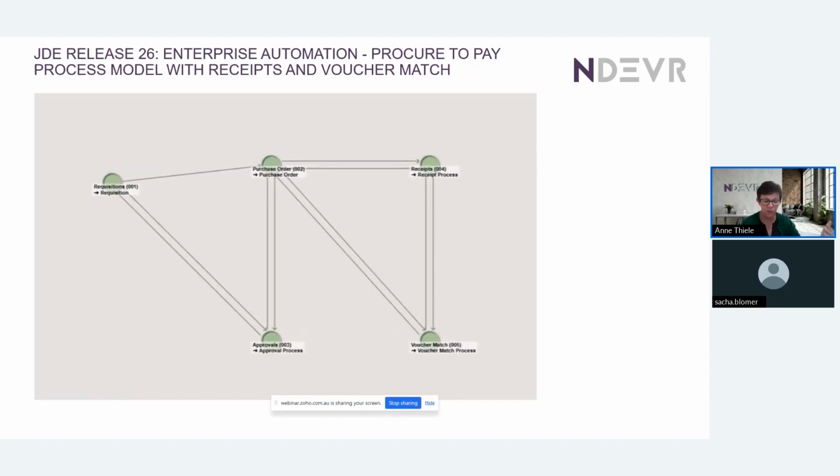Well, now Oracle have added approvals to that, so we can see what's going from requisition to purchase order, through approvals, to the receipts, to the voucher match, the whole process. One can now map that process and analyze the entire process within the enterprise process modeler. So that's pretty neat.